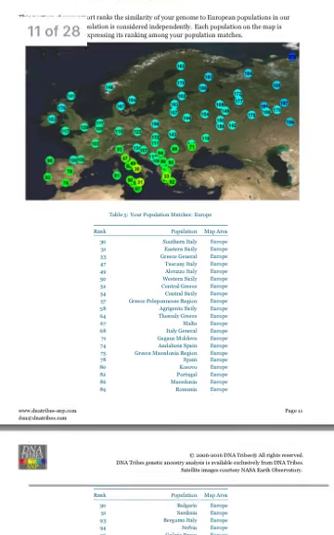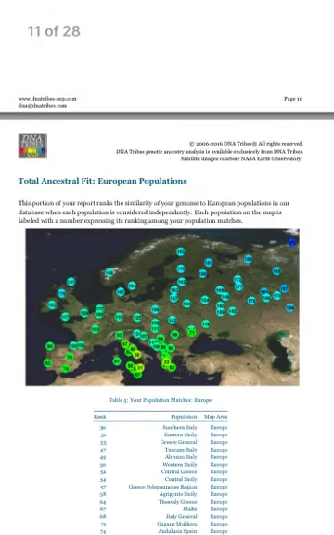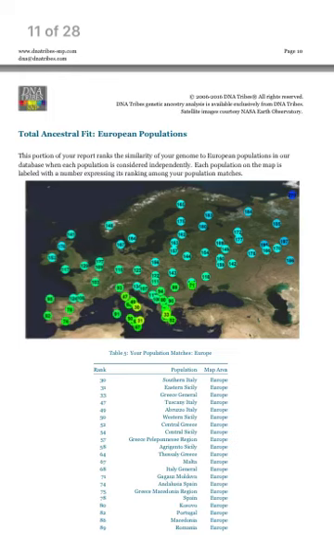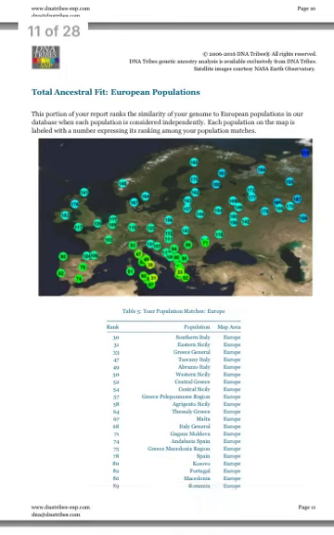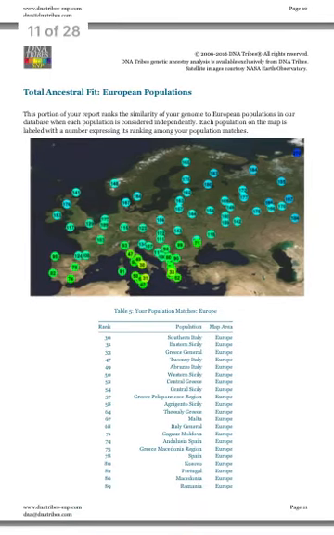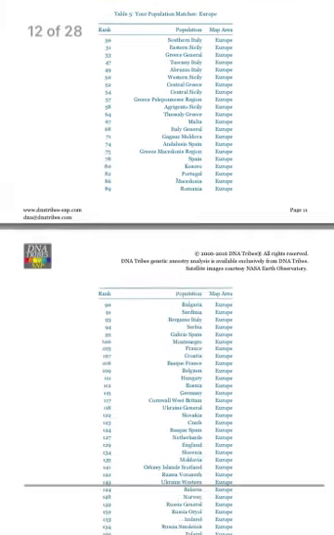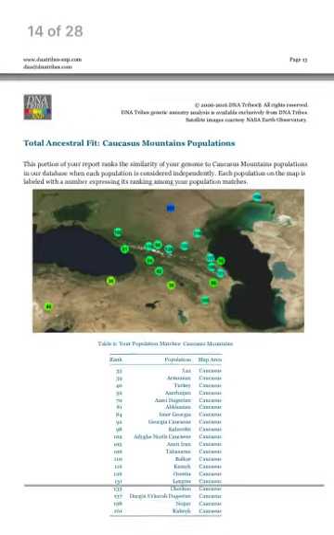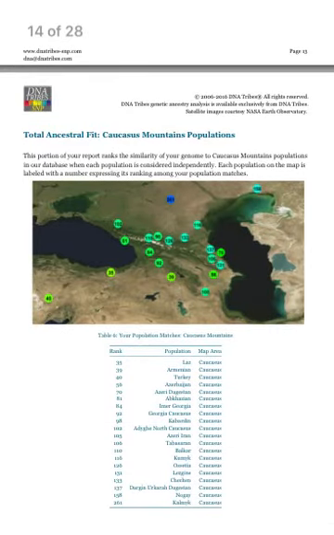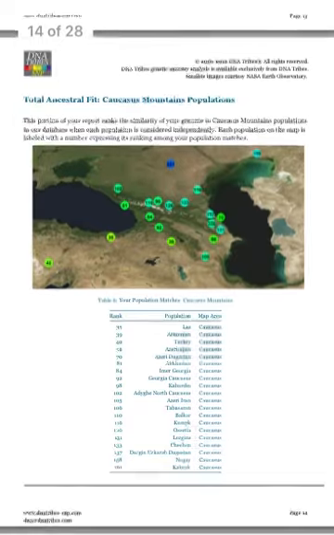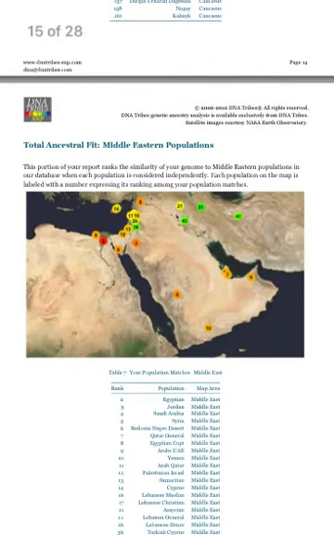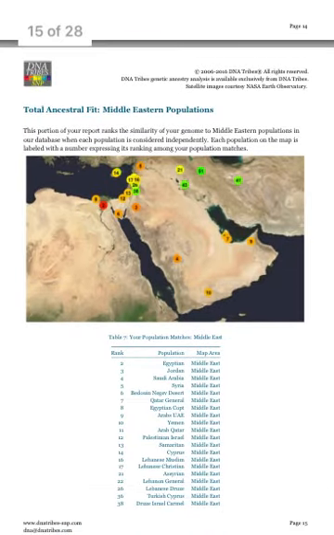Obviously, I don't really closely match with any European populations, although Southern Europe is a little bit closer to my ancestry. Caucasus mountains populations, I'm a little bit close to them. So this is where we get to the best fit.